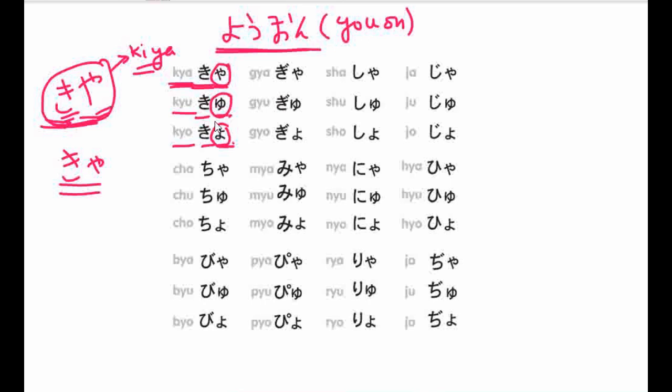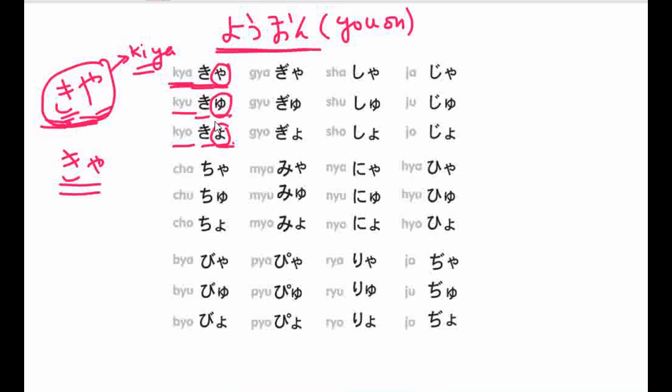The pronunciation between using big ya and small ya, or big yu and small yu, big yo and small yo, changes completely, and I will show you with an example what effect it has on the meaning of the word.